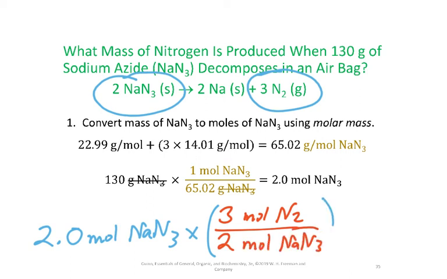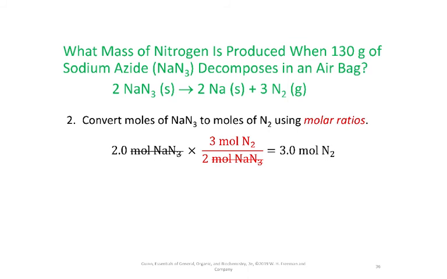These numbers work out nicely, right? So we end up with 3 moles of N2. So for every 2 moles, we get 3. We have 2, so we get 3, right?